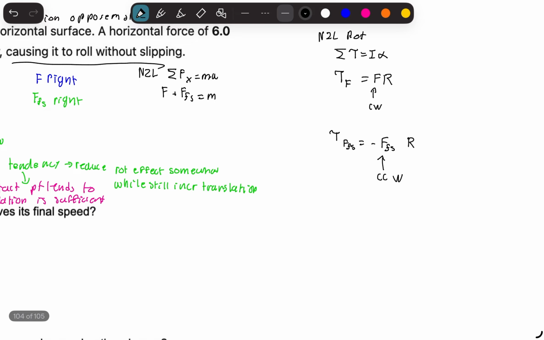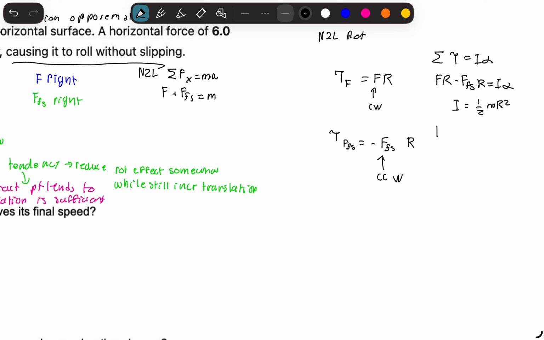So if we take the summation of our torques, because this is rotational, we're going to have FR minus FsR is equal to I times alpha. Because we have a solid cylinder, I is equal to 1/2 the mass times the radius squared.